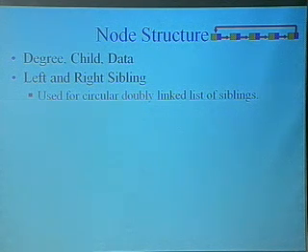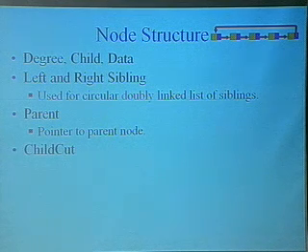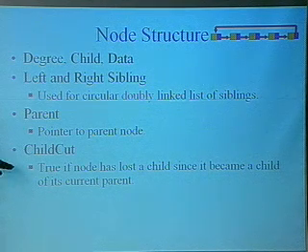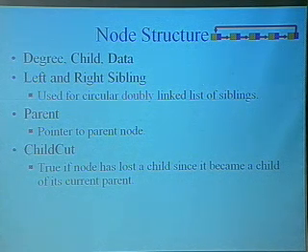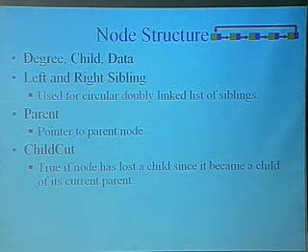Okay. So the siblings will be linked together in a doubly linked circular list rather than a singly linked circular list. Each node will have a parent field. Okay. Each node will have a field called child cut, which will be true or false, and child cut will be true if a node has lost a child since the most recent time it became a child of its parent.